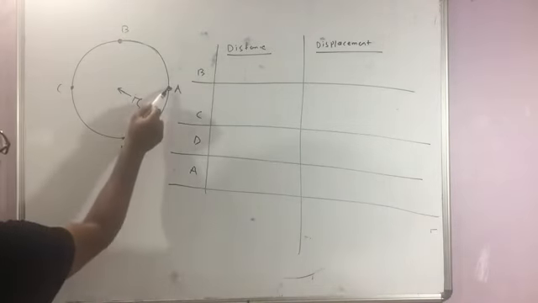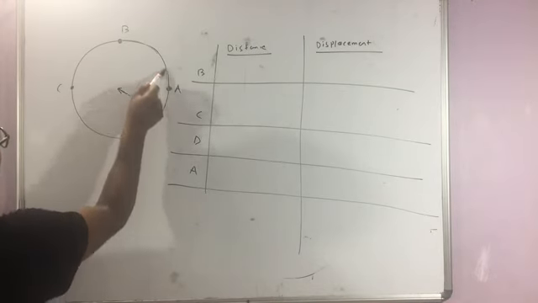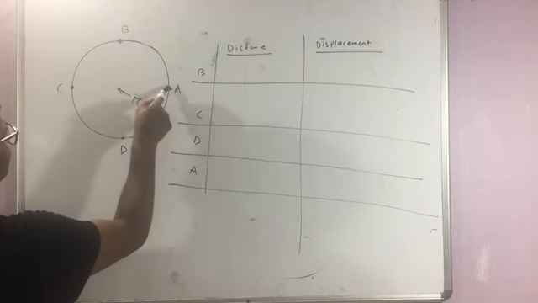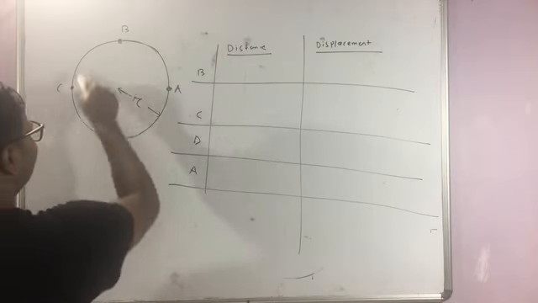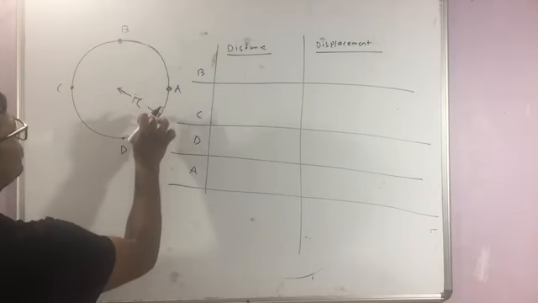Actual path covered is what? If you move on a circular path from A to A, the entire length is 2 pi r. The entire length of the path is 2 pi r.